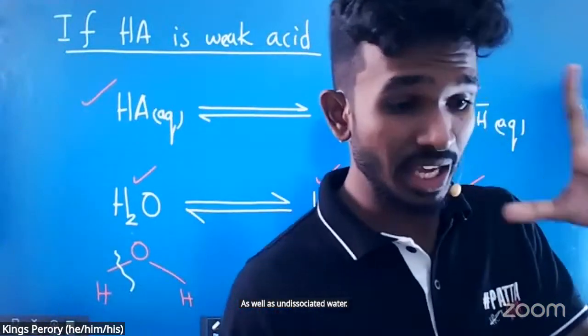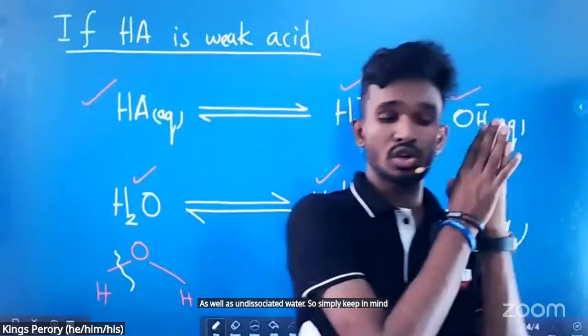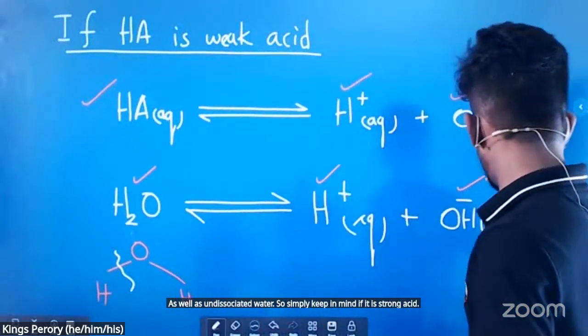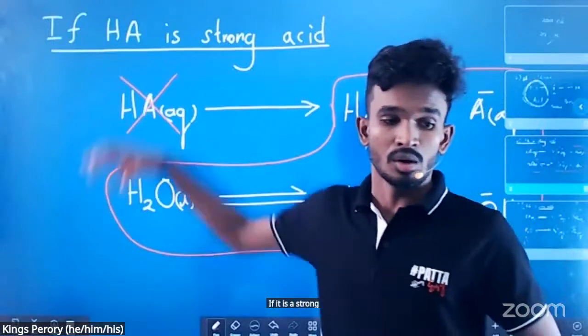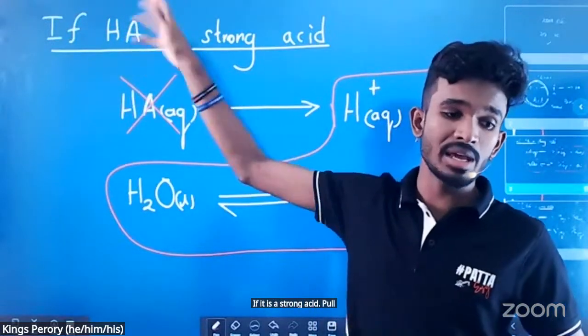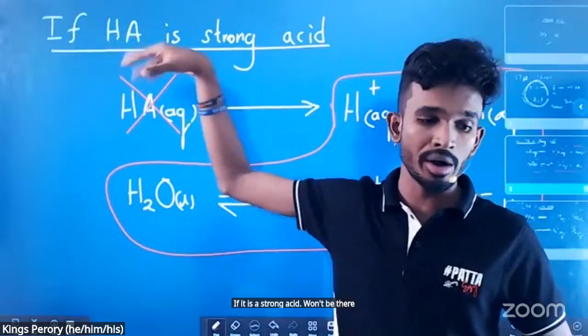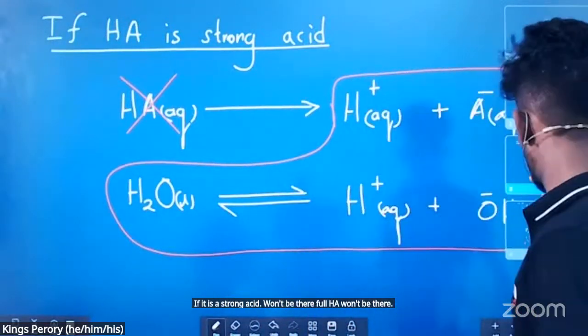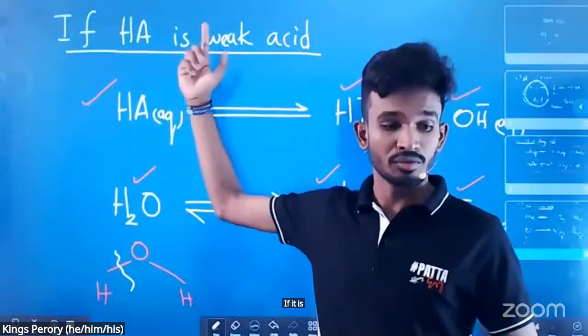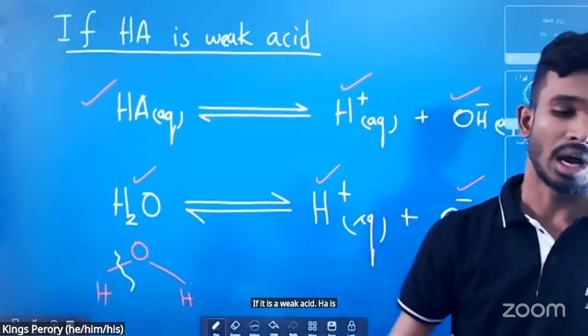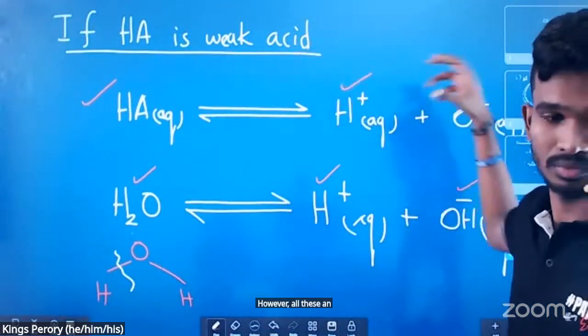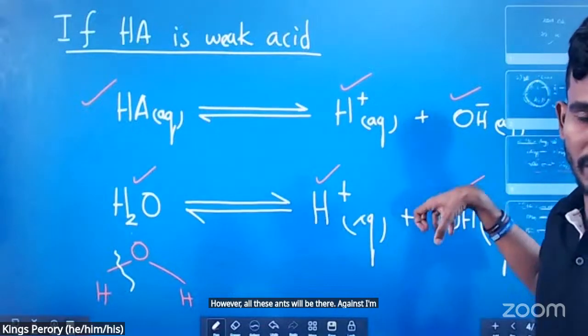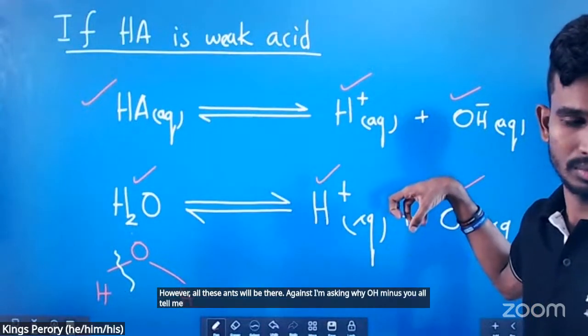So simply keep in mind, if it is a strong acid, full HA won't be there. If it is a weak acid, full HA is there. However, all these ions will be there. Some are asking why OH minus.